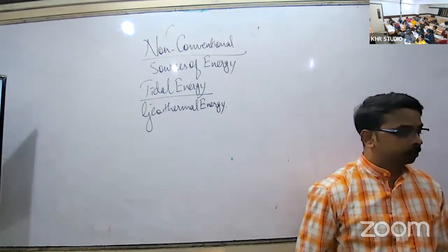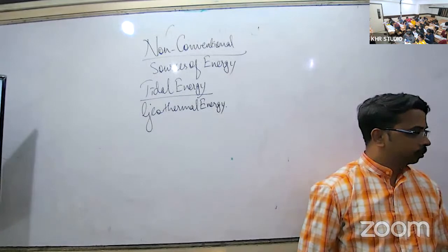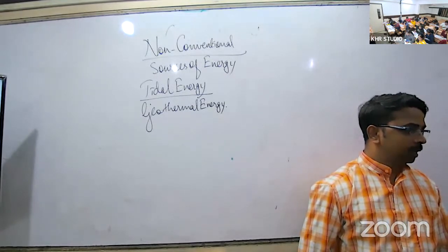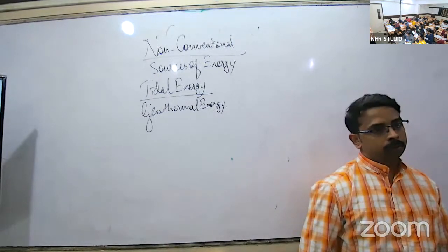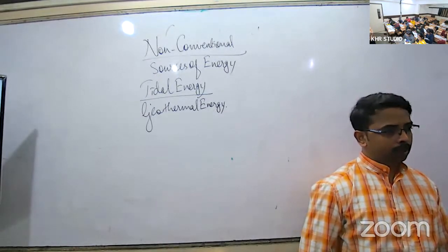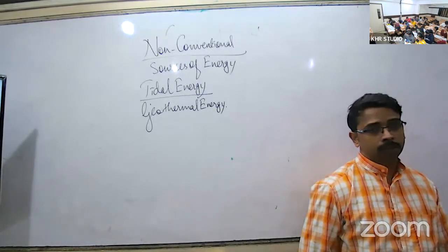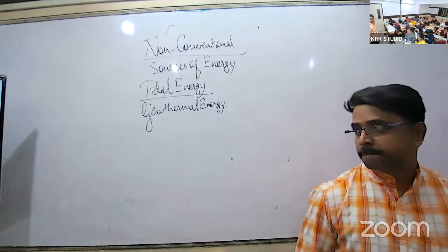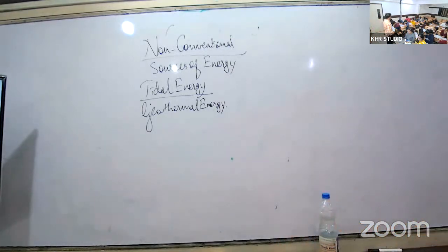Okay. Advantages: it is easily accessible because of its extensive distribution. Only underline the words easily accessible. It is environment friendly in nature, has low emission of sulfur, carbon dioxide and other greenhouse gases. Underline environment friendly. If you remember this, write it. Don't write any wrong things. Absence of greenhouse gases. It is independent of weather and season.